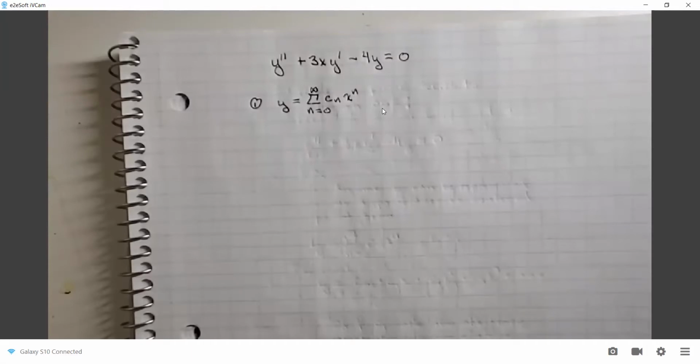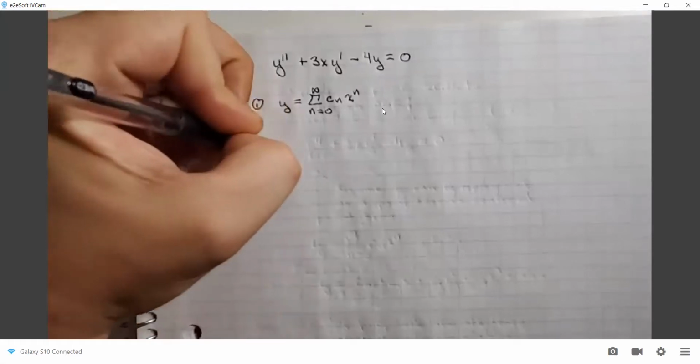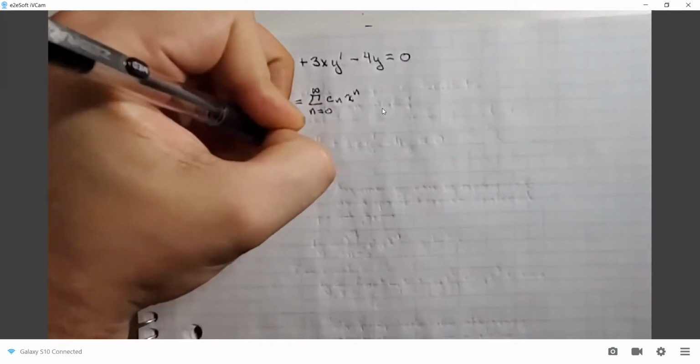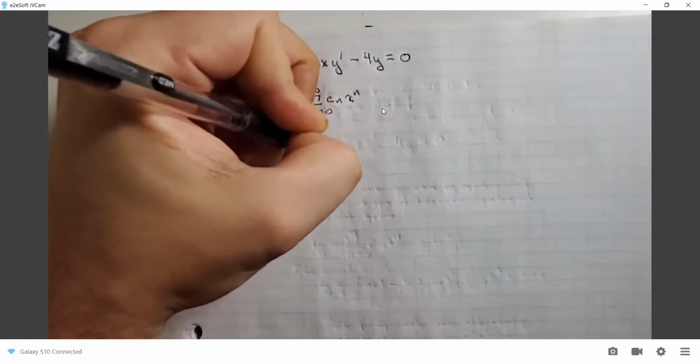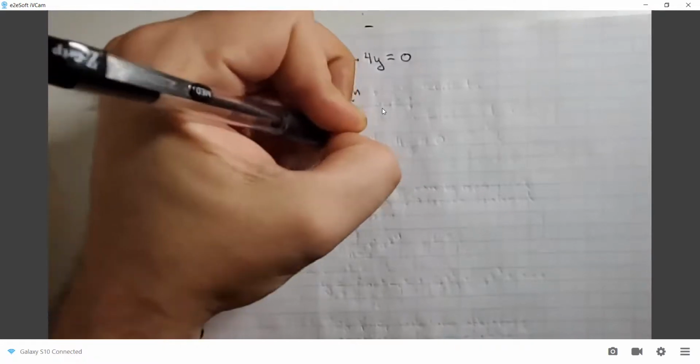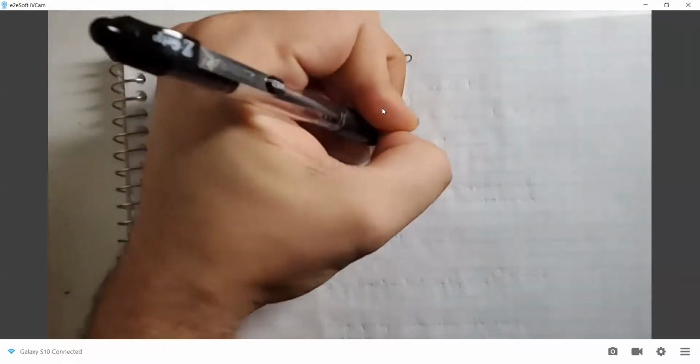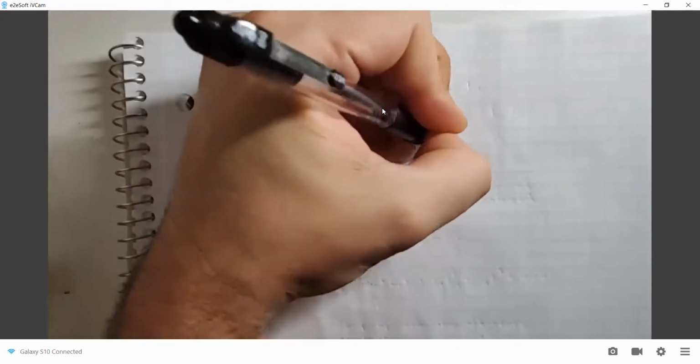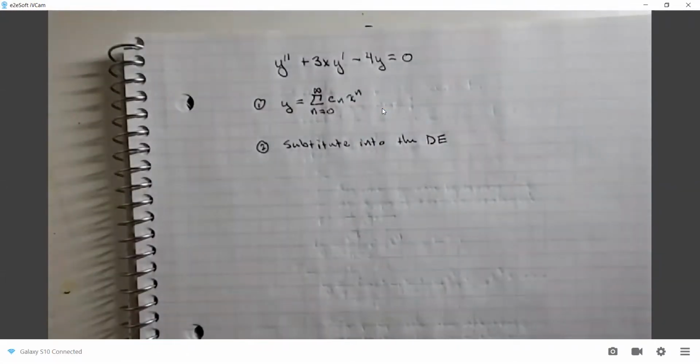Okay, so the next step would be to substitute this into the differential equation, right? So we want to substitute our guess into the DE. In order to do that, we need to compute two derivatives of y.